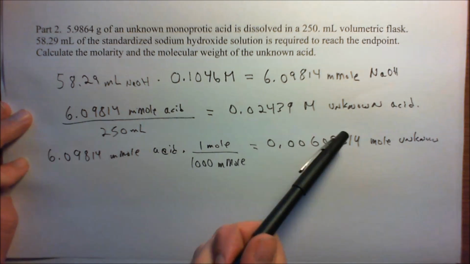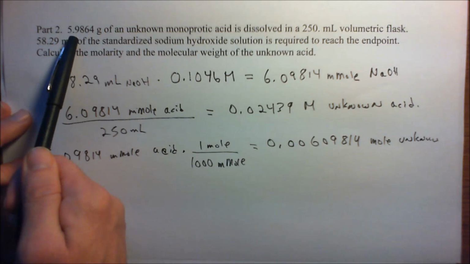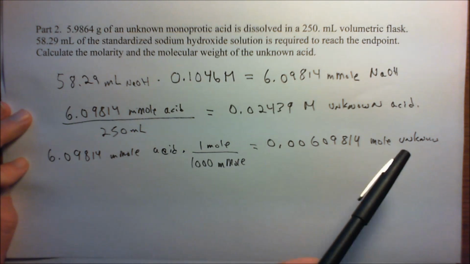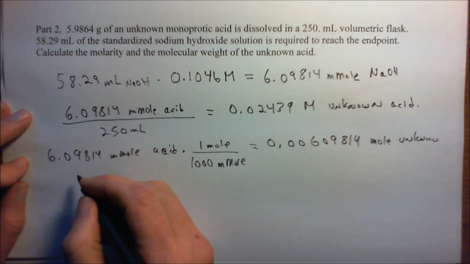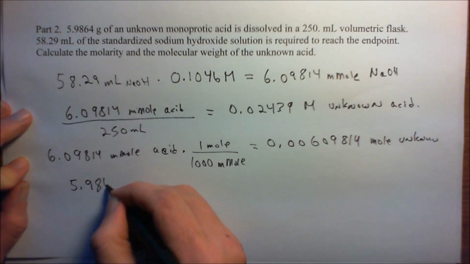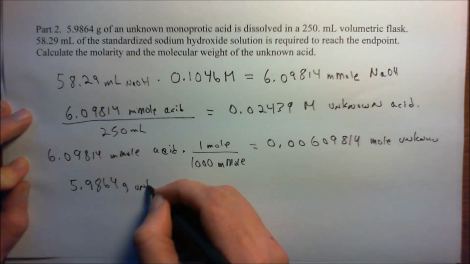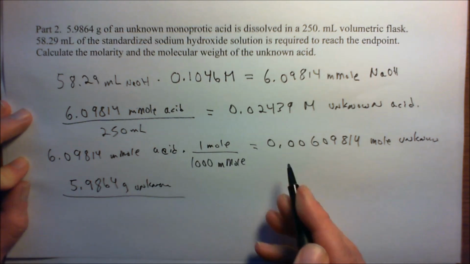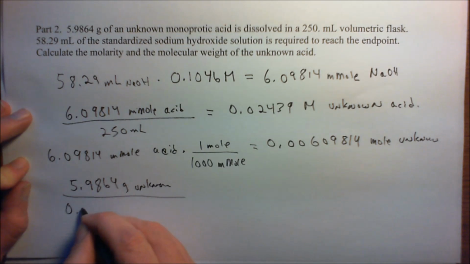And we're practically done. We got the grams. There it is, 5.9864 grams of the unknown. We have the moles of the unknown, so we just merely have to divide them out. And so we say 5.9864 grams unknown divided by the moles unknown, which we just calculated.